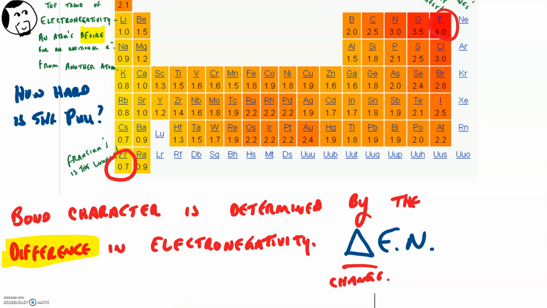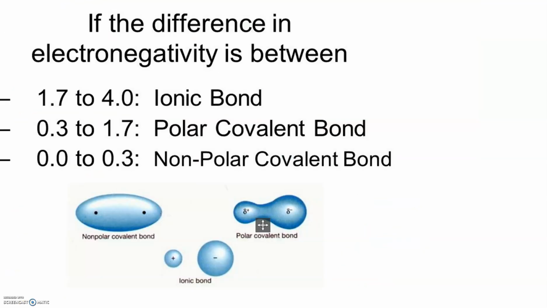It's really simple. So all we're going to do to determine whether a bond is ionic or covalent is look at the difference in electronegativity. And this chart is how we do it. If we find the difference in electronegativity and it's between 1.7 and 4.0, that is going to be an ionic bond.